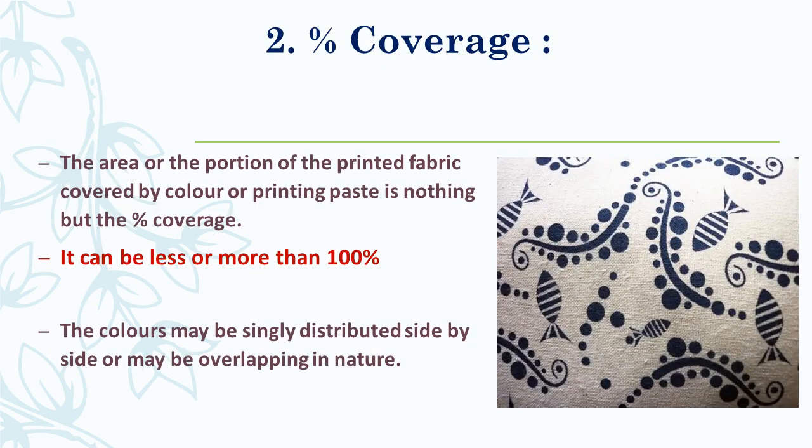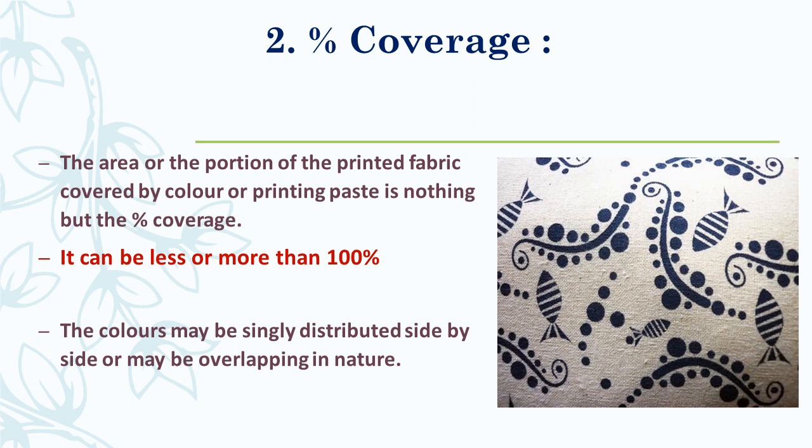So here is the actual definition of percent coverage. The area or the portion of the printed fabric covered by color or printing paste is nothing but the percent coverage. Here you are observing the image in which on the white fabric black color has been printed.